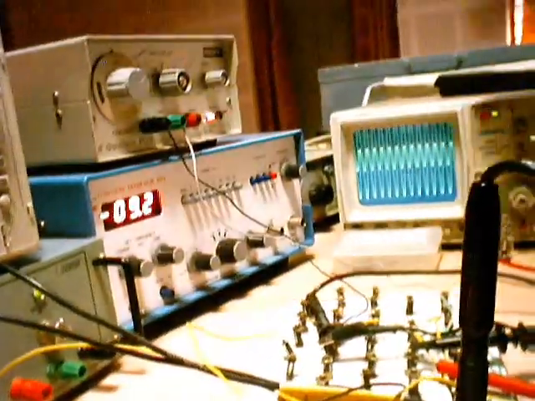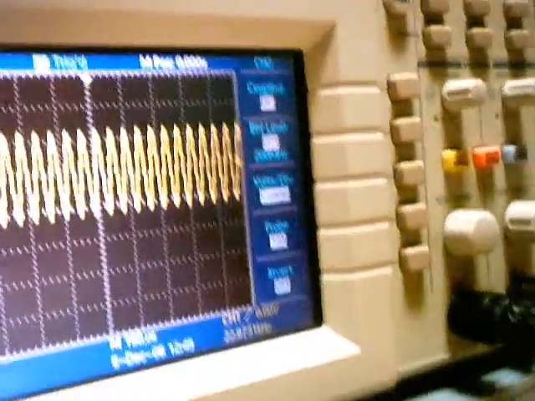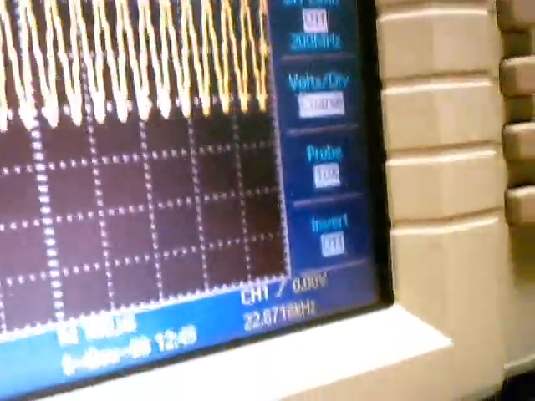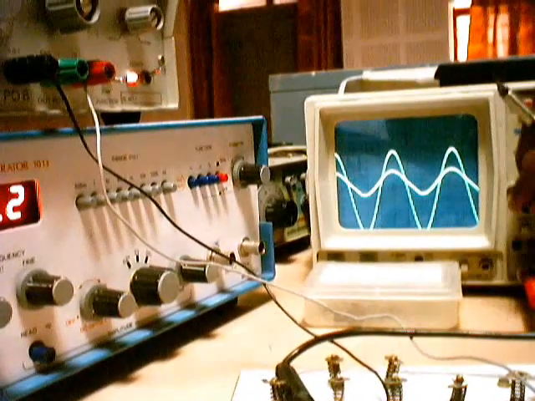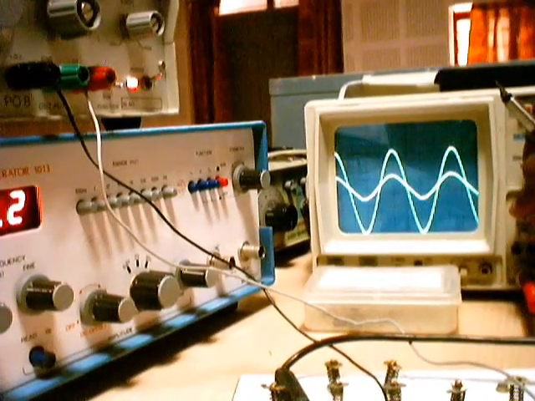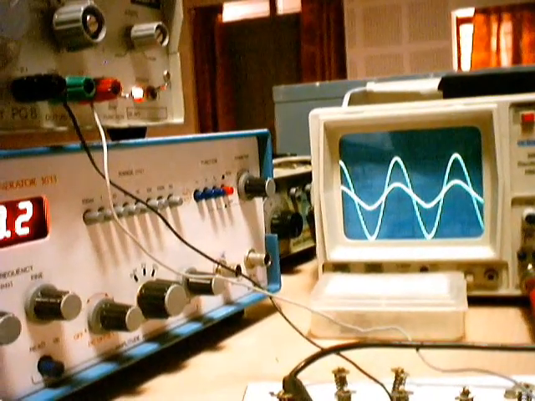So let me make the frequency beyond 11 kilohertz. So the frequency is now around 22 kilohertz. Okay, let us first adjust the input voltage, whether it is at 12 or not, because we need to keep the input voltage constant at 12 before we make any measurements. Okay, input is adjusted to 12 volts. Let us see what the output is.